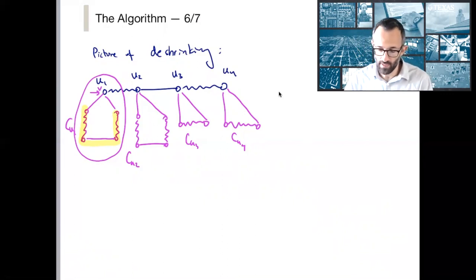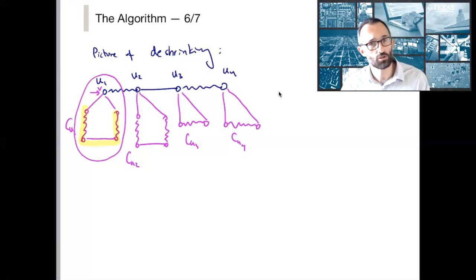So this picture is illustrating two things. If I'm just de-shrinking one node, then this is how it would work. But it also shows how at any point, if I have found a perfect matching, this is an example where it is a perfect matching. I have a perfect matching on these four nodes. Then the algorithm stops and I expand to get back a perfect matching on the original graph.